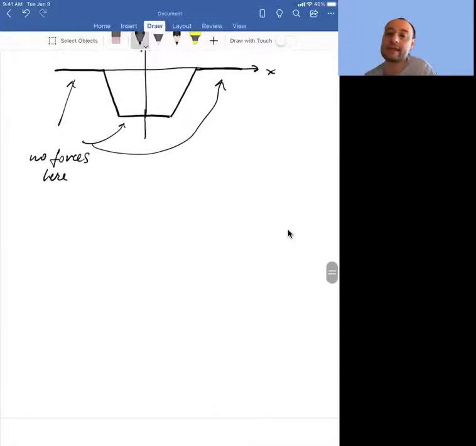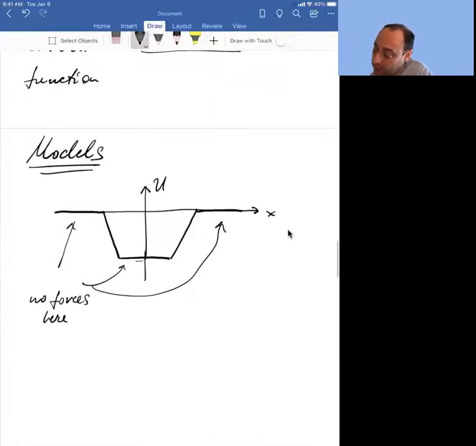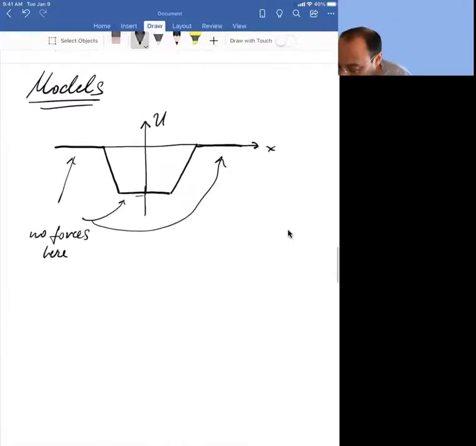How could you build such a thing in the lab? Well, what this says is that you have three regions without force, and you have one region with a positive force, negative slope, and one region with a negative force. And you can do that by placing parallel plate capacitors. Your textbook has a beautiful example. I'm going to steal their example.